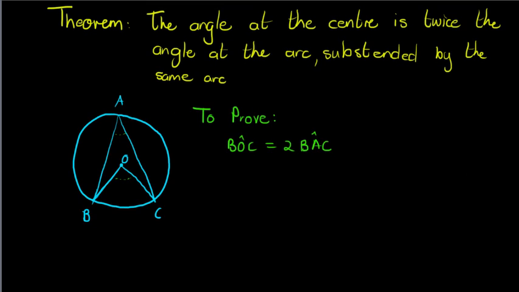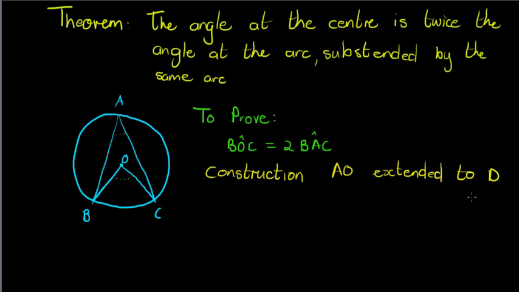Okay, our construction is going to be as follows. Construction is going to be the line AO extended to D. Okay, so as I say, this is a proof that's really important.